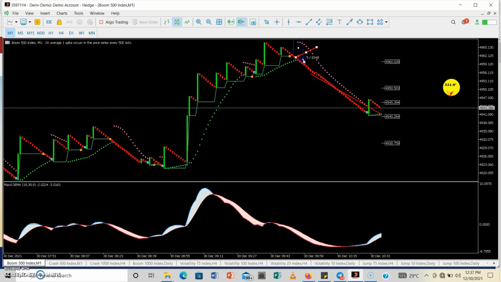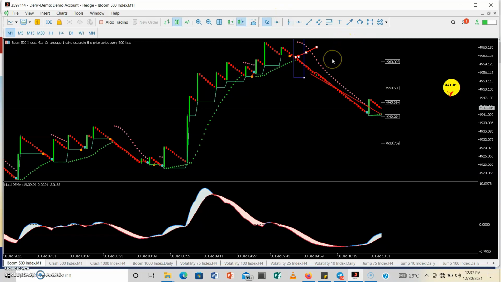If we have these parabolic dots on top, it means we are now in a downtrend, so we are now selling. If they are below like this, it means we are in an uptrend. So you got your sell signal, and the parabolic dots shifted to be on top, which means we are now in a sell trend.